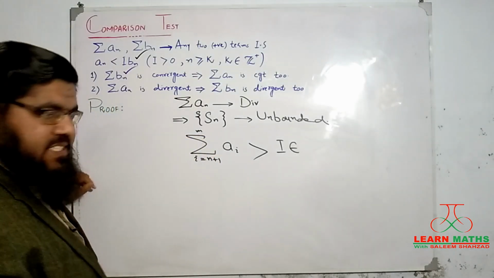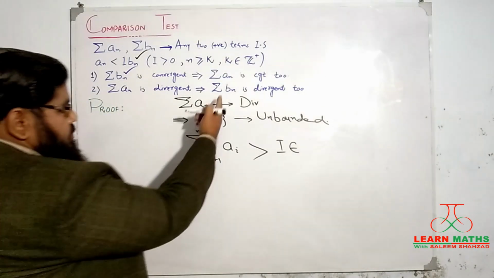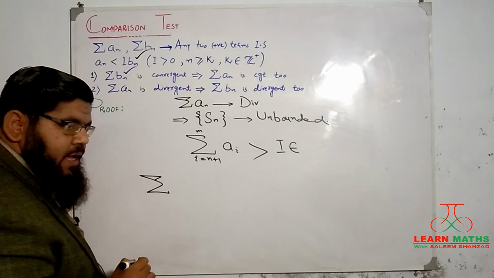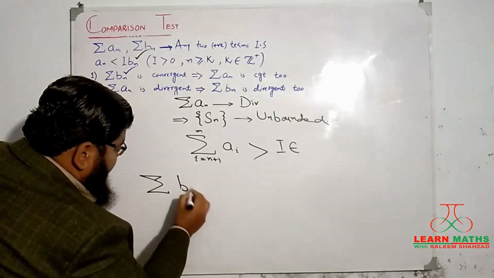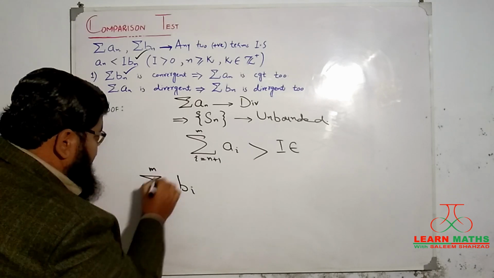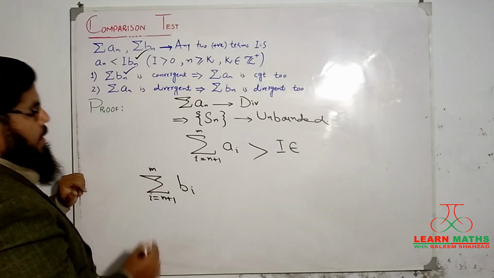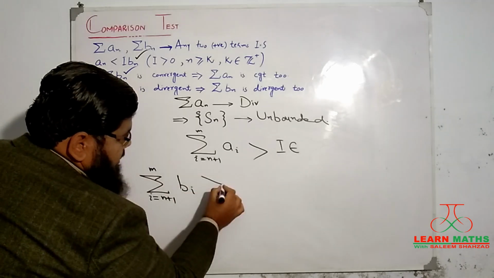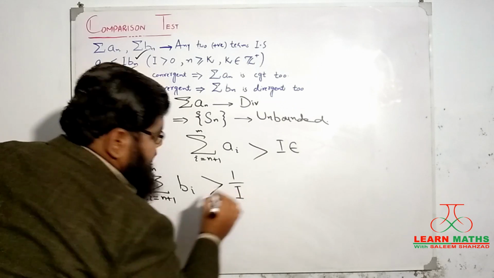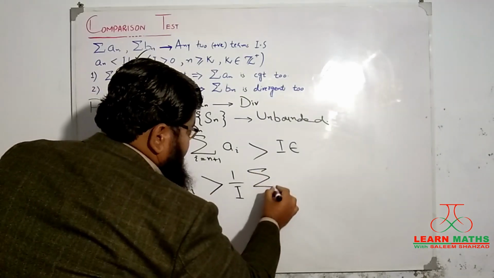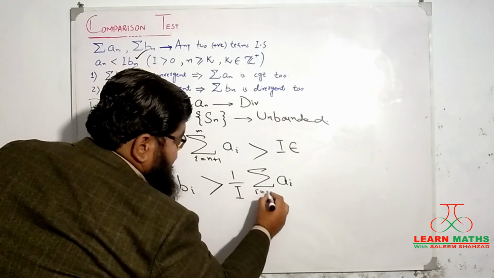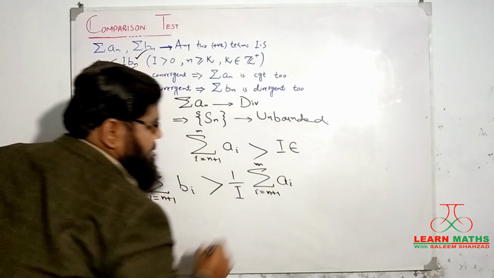So let's see what will happen to this series in this case. Let's take the expression summation bi, where i runs from n plus 1 to m. Now using this relation, we can write that this expression will be greater than 1 over l times summation of ai, where i runs from n plus 1 to m.